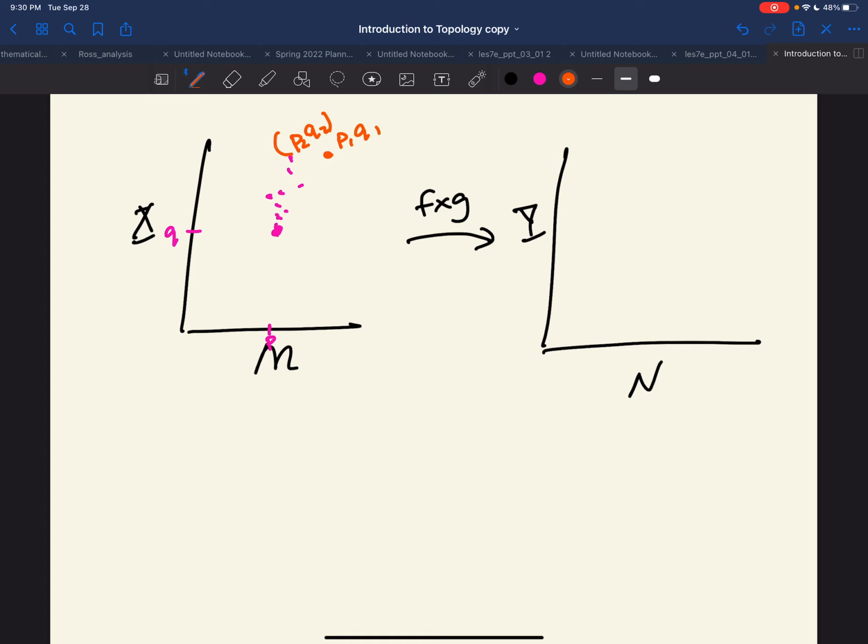Notice that from our last theorem, this means that p_n has to converge to p and q_n has to converge to q, right? Because the only way you're having convergence in a product space is if each component converges.